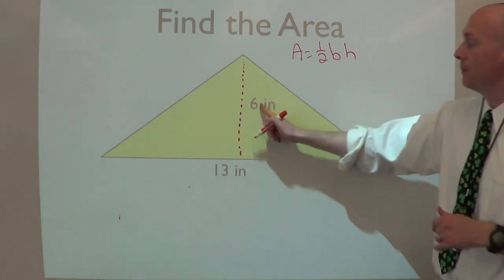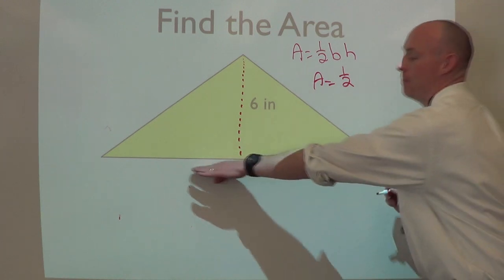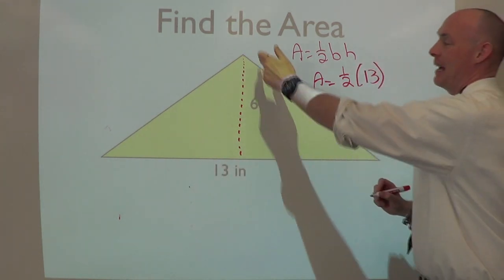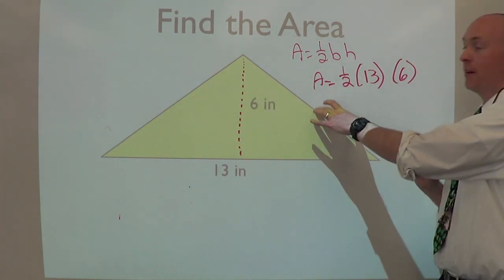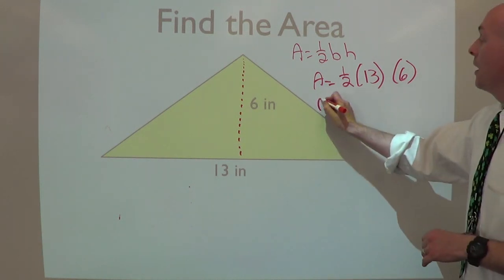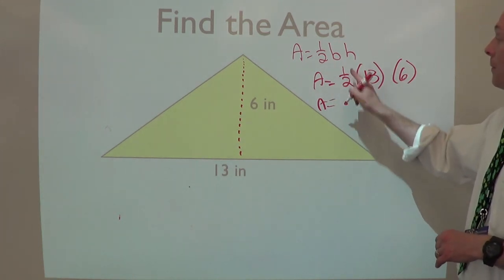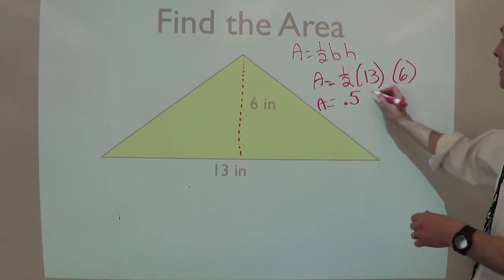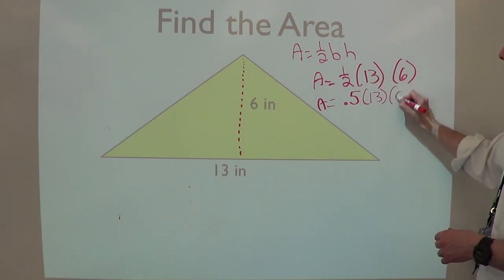Let's solve. Area equals 1/2 the base, which is 13, times the height, which is 6. Now, I also wanted to point out, if it's easier for you to change that 1/2 to a decimal, .5, that's cool, you can do that. .5 times 13 times 6.